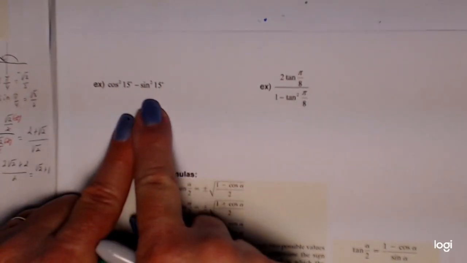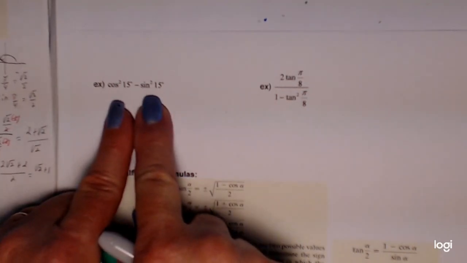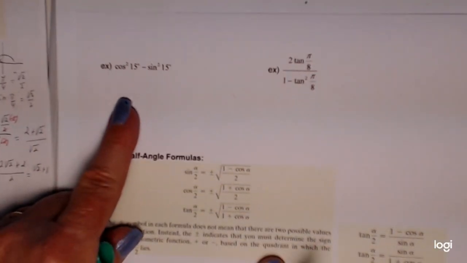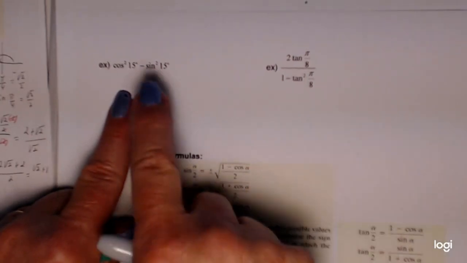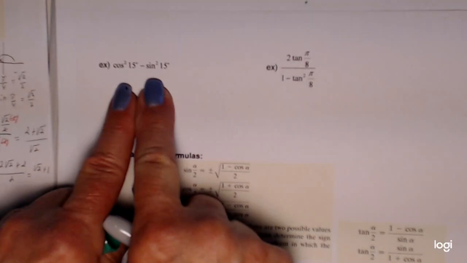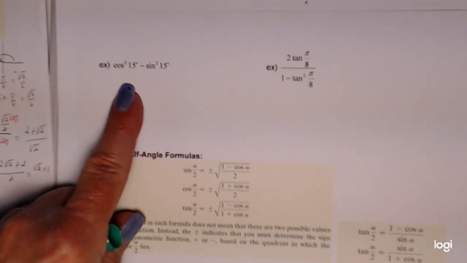So here, similar to what we did in the section before this, sometimes the information we're given, we don't have to use the formula to find double the angle. Here, what we have looks like one of the formulas, and we're going to use this to kind of, I'm calling it go backwards.